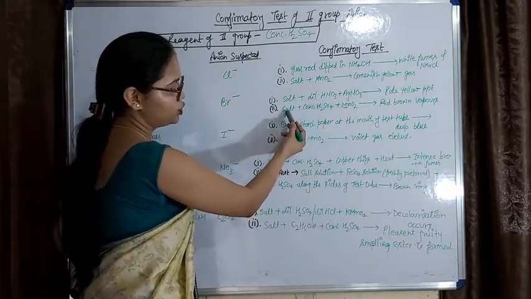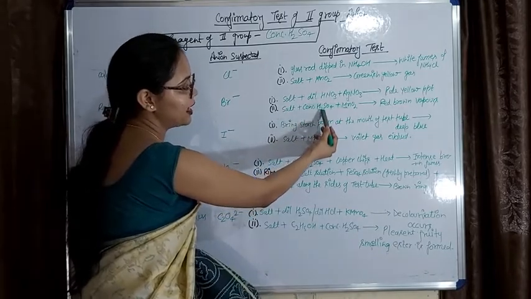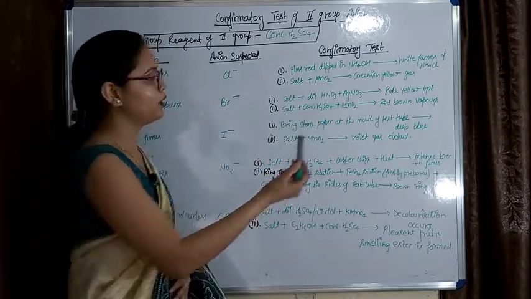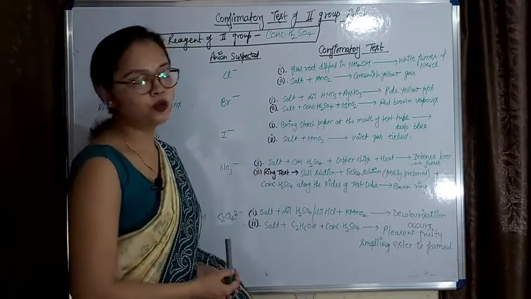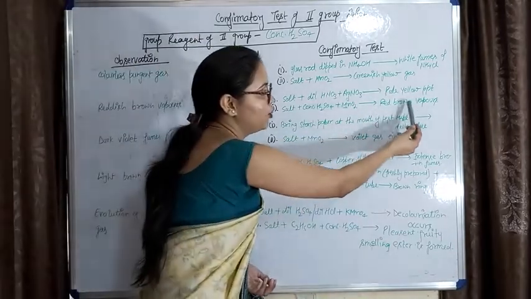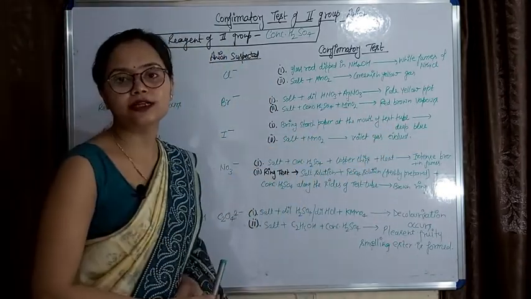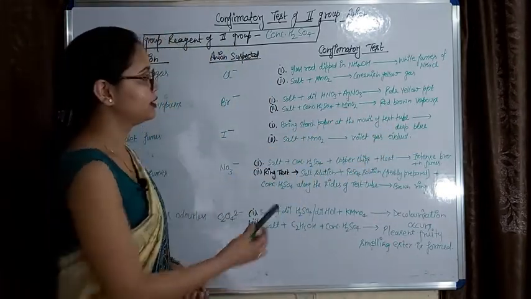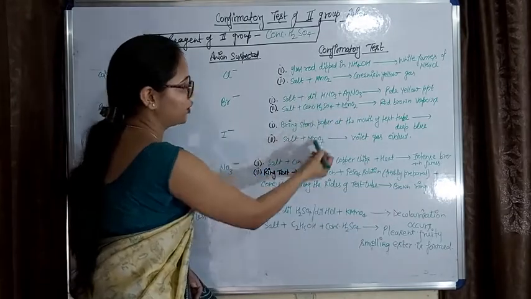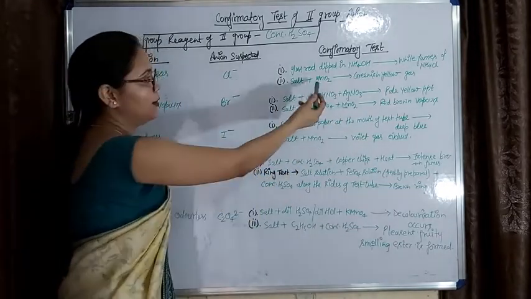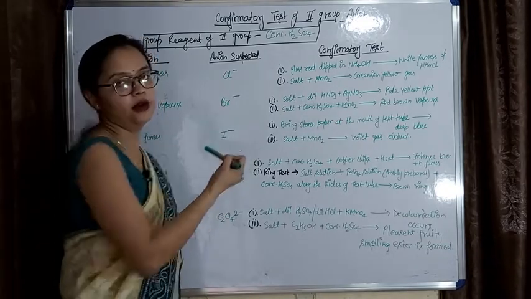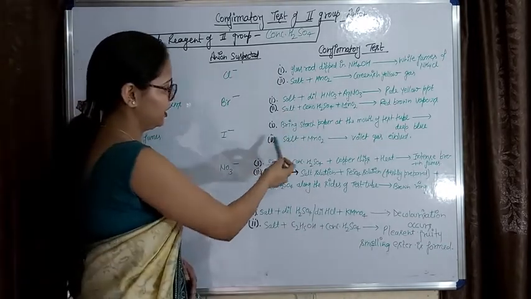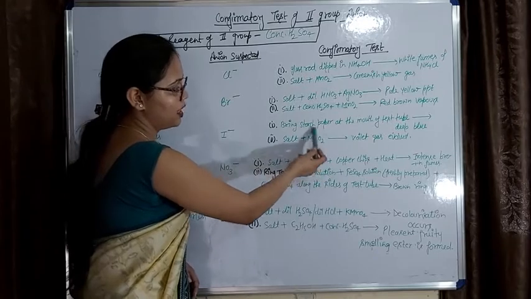Take salt and concentrated H2SO4 in the test tube, and then add MnO2. After adding MnO2, if you get red brown vapors, it confirms the presence of bromide ion. This MnO2 test is common for all the halide ions: chloride, bromide and iodide. So in the iodide case we will also use MnO2.